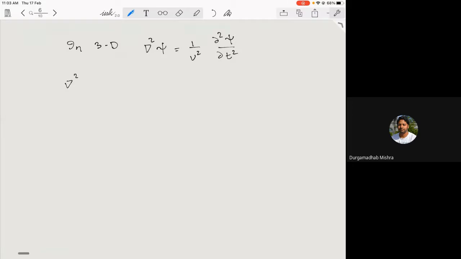Your del square is your del square by del x square, and so on. So these are all partial derivatives.